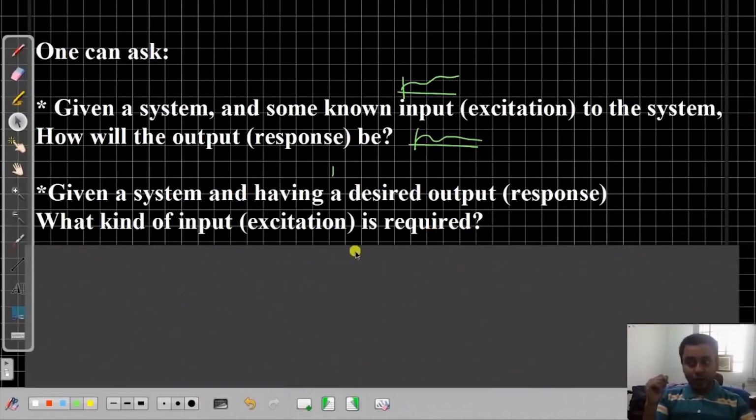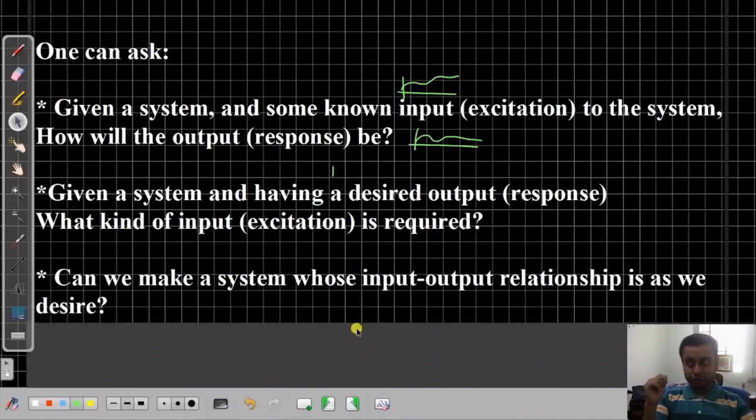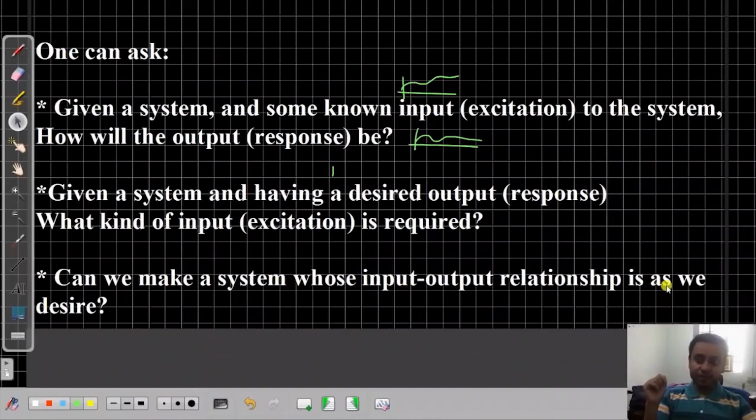One can also ask questions of the form: can I make a system whose input-output relationship is as I desire? For example, we saw in case of our train, the output or the speed doesn't change instantaneously when I change the input. There was a delay due to inertia.